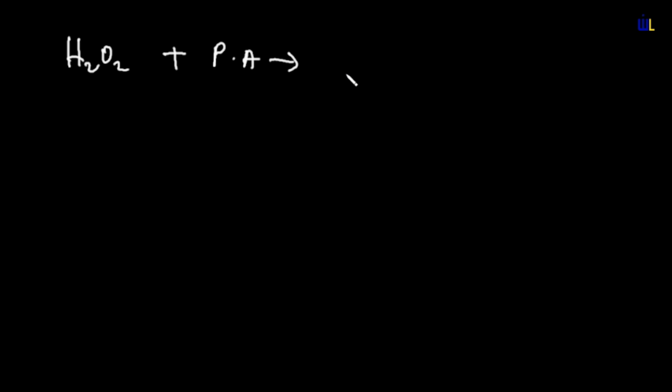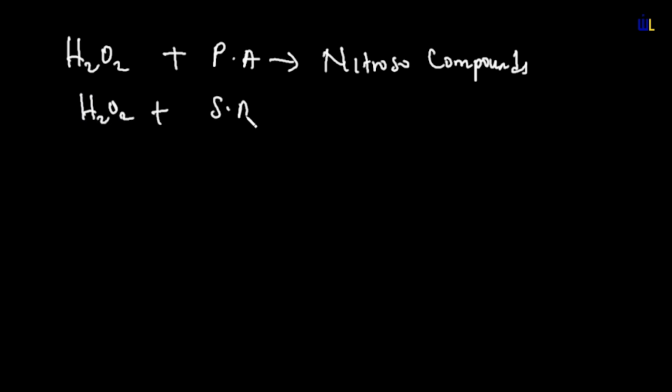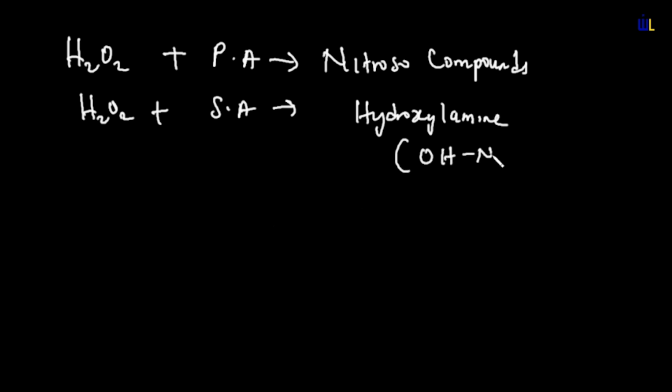Your secondary amines, on the other hand, would lead to the production of your hydroxylamine. So just have that in mind. Now, when you react hydrogen peroxide with your primary amines, you have a production of your nitroso compounds. On the other hand, hydrogen peroxide reacting with secondary amines will lead to the formation of your hydroxylamine. The hydroxylamine is basically a combination of hydroxyl and amine group.